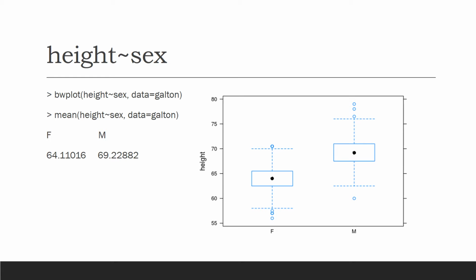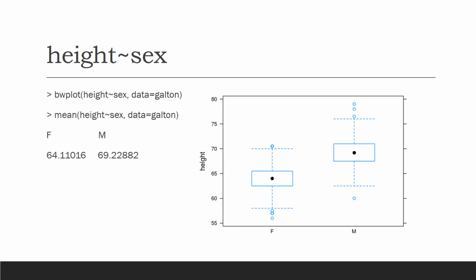In our situation, we're going to be using sex as the explanatory variable. So we're going to be considering height with a groupwise model that's going to create different model values for males and females.